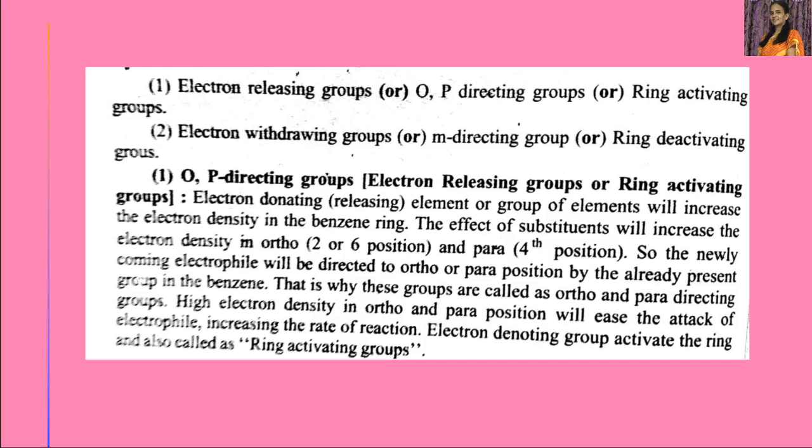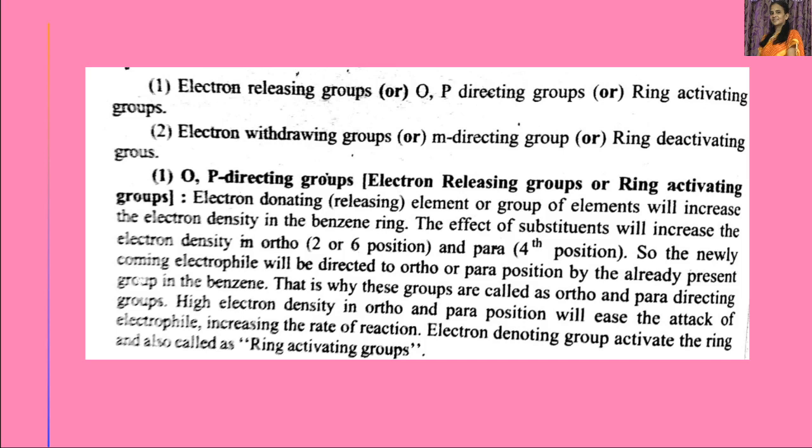They will increase the electron density in the ortho and para positions, that is, in the 2 and 6 positions, due to the presence of electron releasing groups. So the incoming electrophile will be directed to ortho and para positions by the groups already present in the benzene ring.